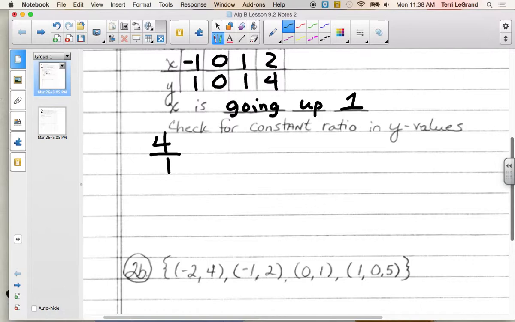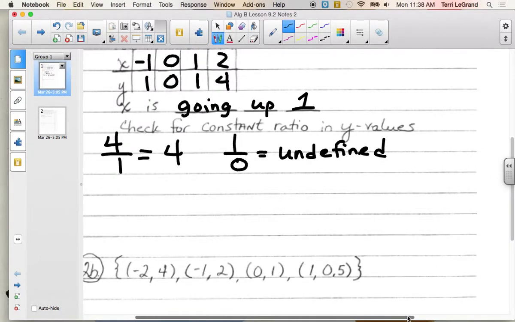So 4 divided by 1 equals 4. 1 divided by 0, can you divide by 0? No, this is undefined actually. And then we have 0 divided by 1, and that equals 0.